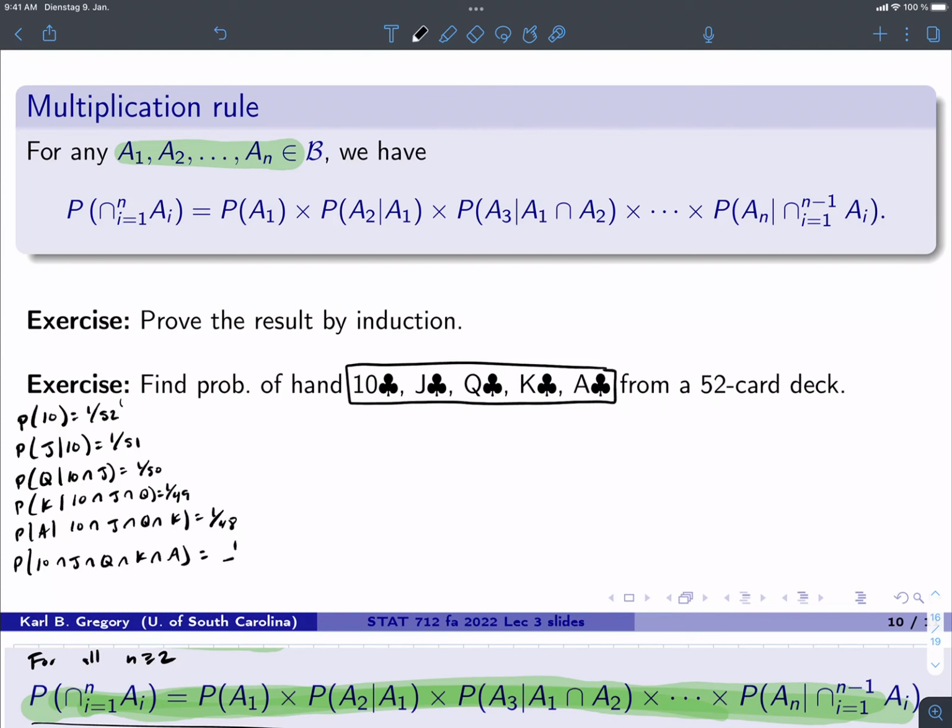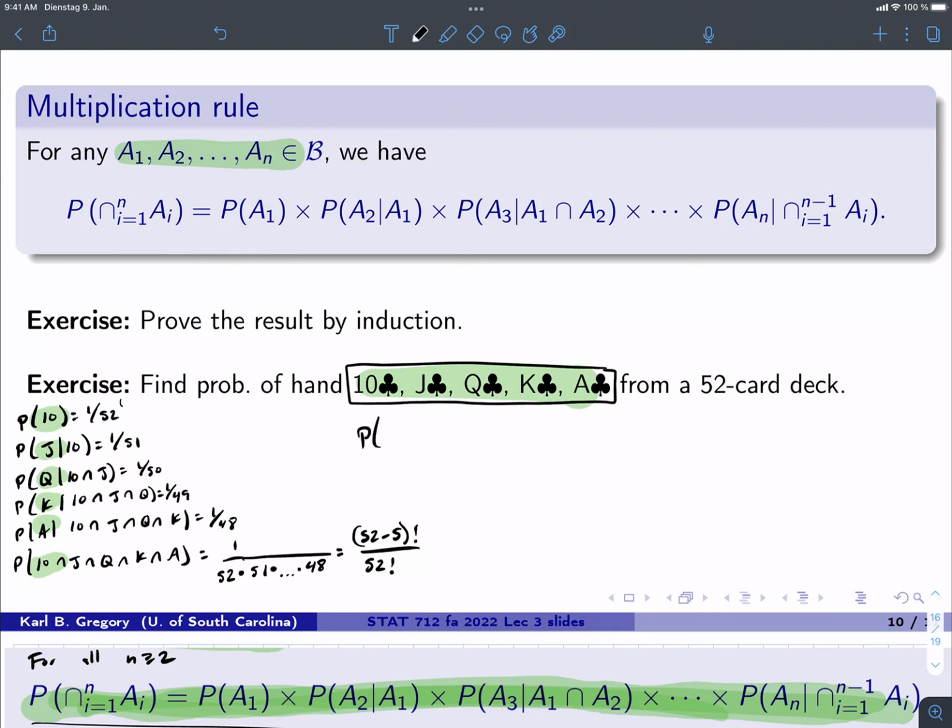So it's going to be 1 over 52 times 51 on down to 48, which we could write as 52 factorial over (52 minus 5) factorial. But if I want the probability of this hand, I have to consider all the different orderings.